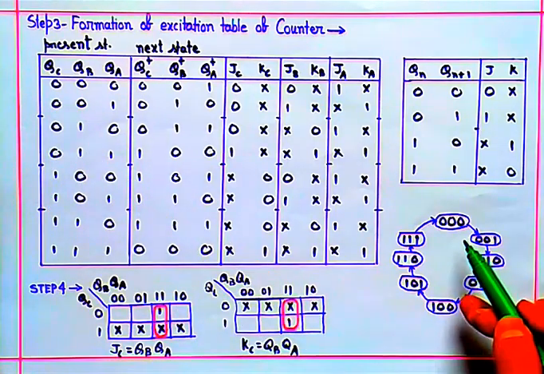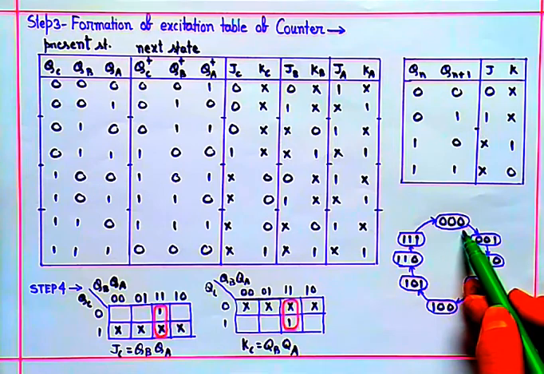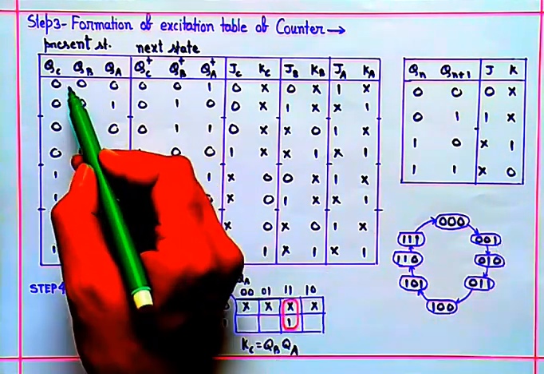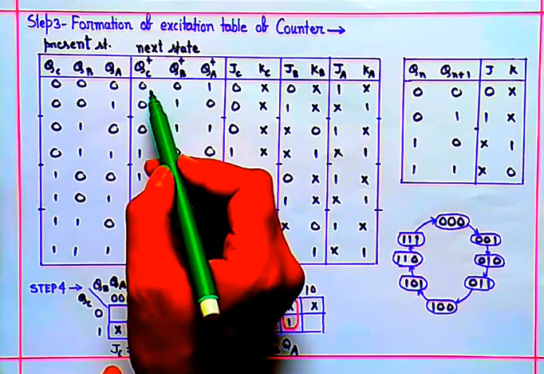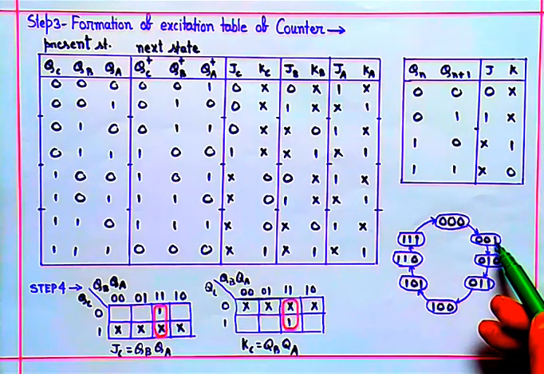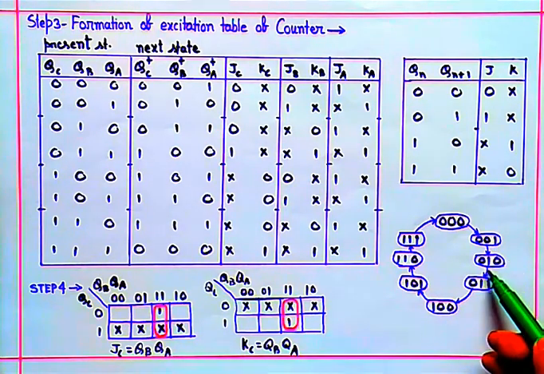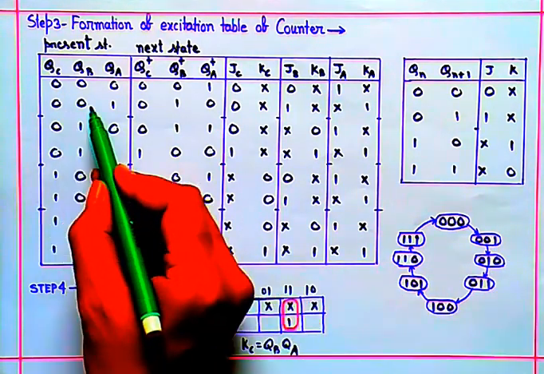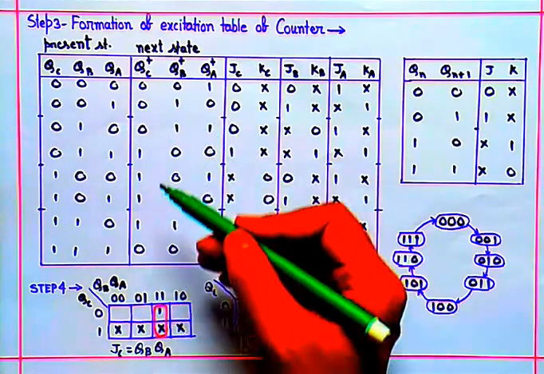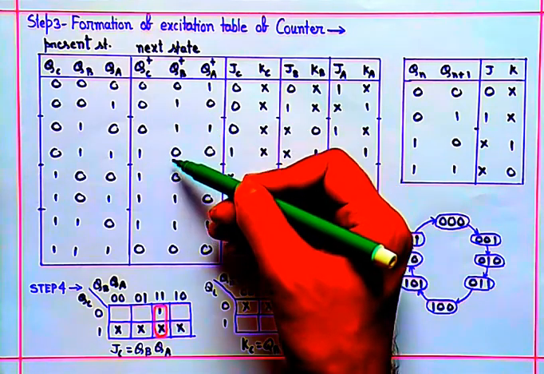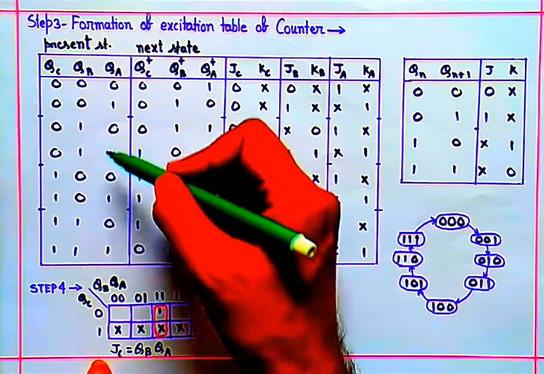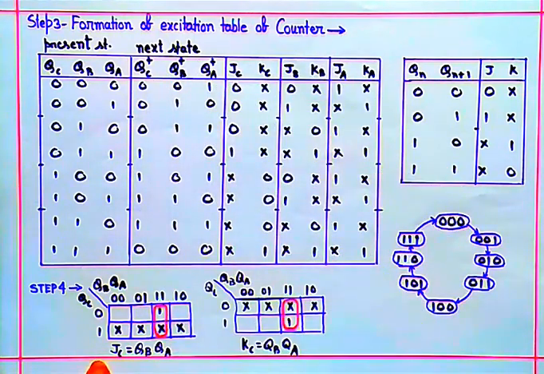You know that if the present value is 0, 0, 0, the next value will be 0, 0, 1. Similarly, for 0, 0, 1, the next value will be 0, 1, 0. In this way, you have to complete all these lines, and you will get a table like this.